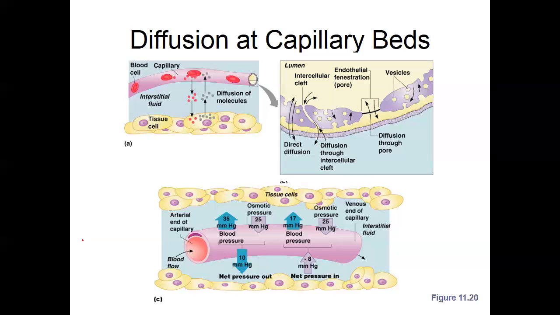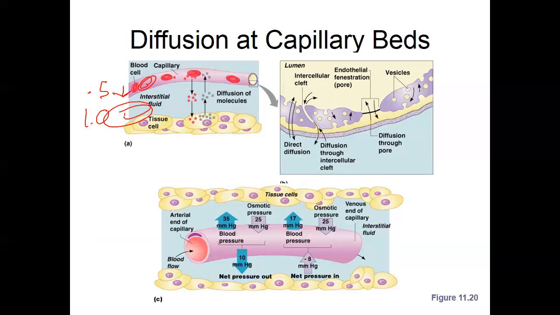So if the concentration of the solids in the blood, because we've lost albumin out of here, is lower than the interstitial space, say it's 0.5 here and it's 1.0 here, what do you think is going to want to happen?